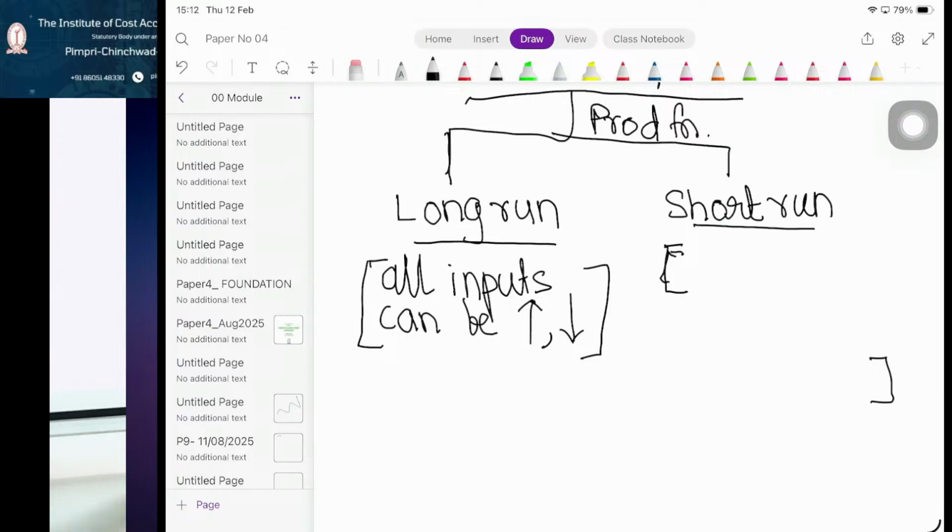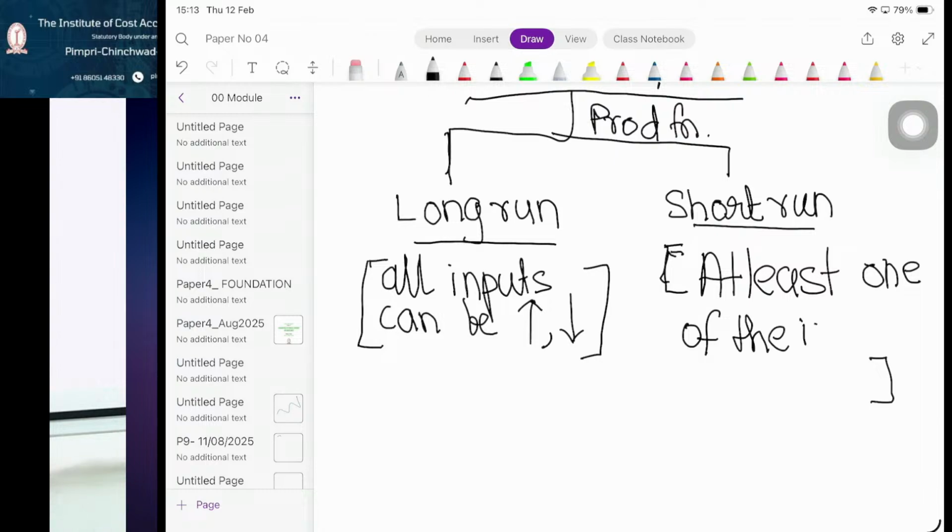Let's look at this. What is a short run? How is it distinguished from the long run? Now, in the short run, at least one of the important inputs remains fixed. At least one of the inputs is fixed.